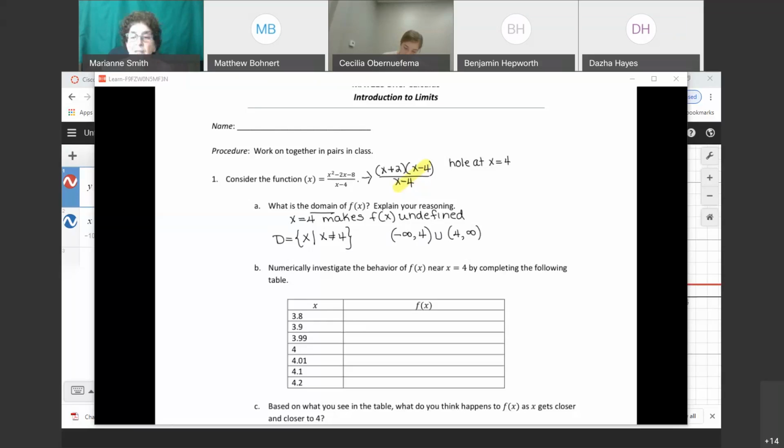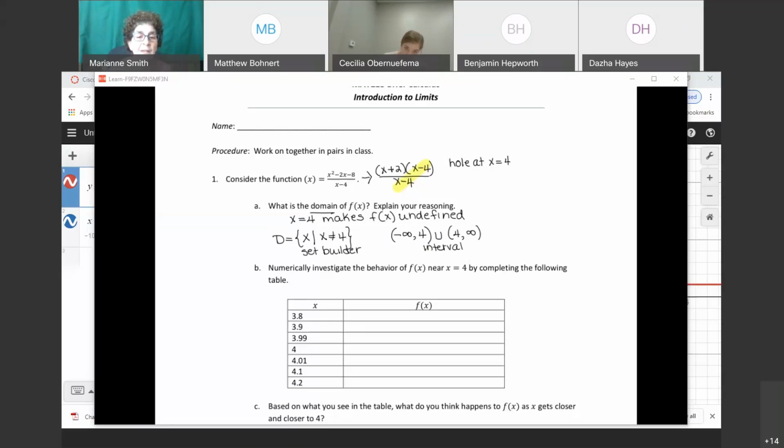Here's the hole in between. So these are two different ways to write your domain. This is called set builder, and this is interval. You should be comfortable with both of those, hopefully, from college algebra.